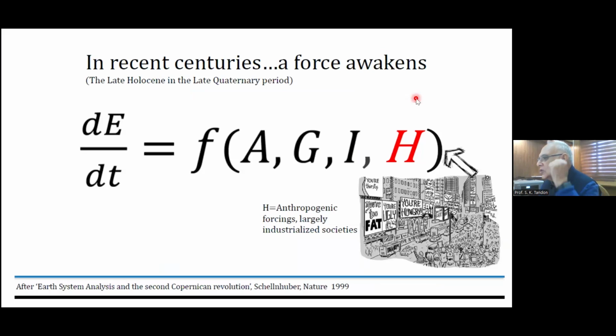So in recent centuries particularly, and this is not a mathematically operable kind of equation, it is just an expression. A here stands for astronomical characteristics in terms of the orbital parameters of the Earth. G stands for the geological factors. I stands for the internal dynamics, essentially in terms of plate tectonics.